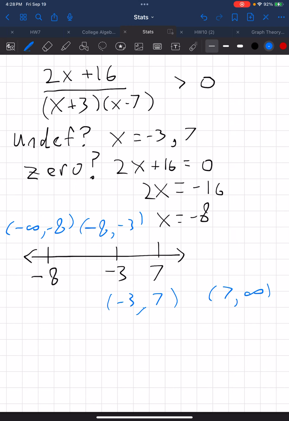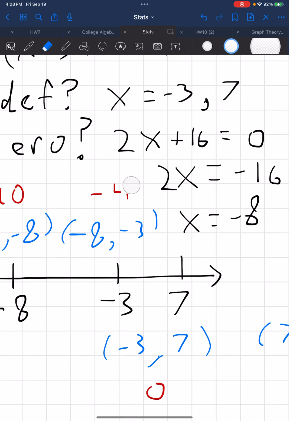Okay. So before in class, we did find some representatives already. We plugged in 0, negative 4, and 10. So 0 would be in this interval, 10 would be in this interval, negative 4 is in this one, but we also want to test something in this interval, so we'll do negative 10.